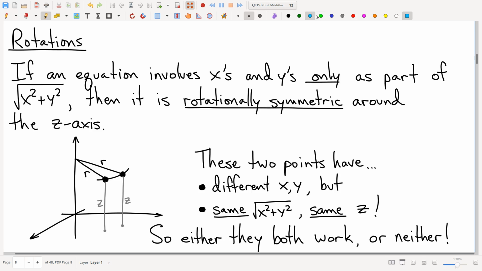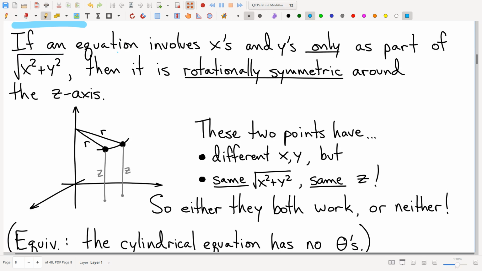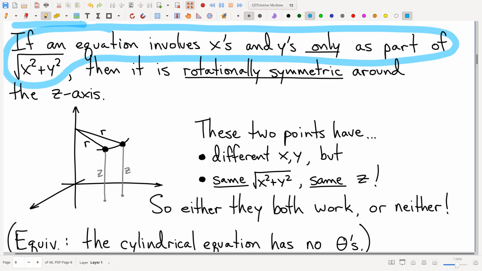Okay, this first observation is about rotations. And here's the big point. Sometimes, surprisingly often actually, not always, but surprisingly often, your equation will involve x's and y's only as part of this special form, square root of x squared plus y squared.